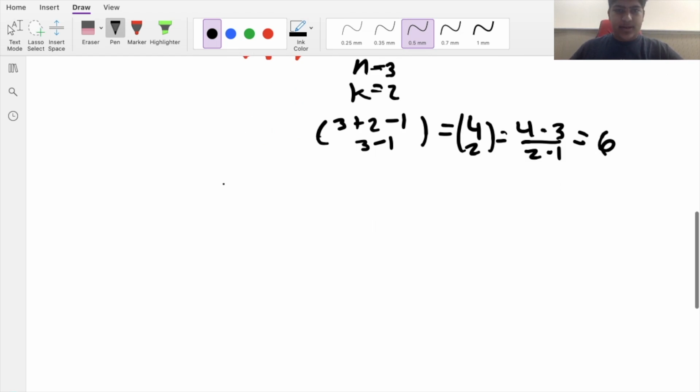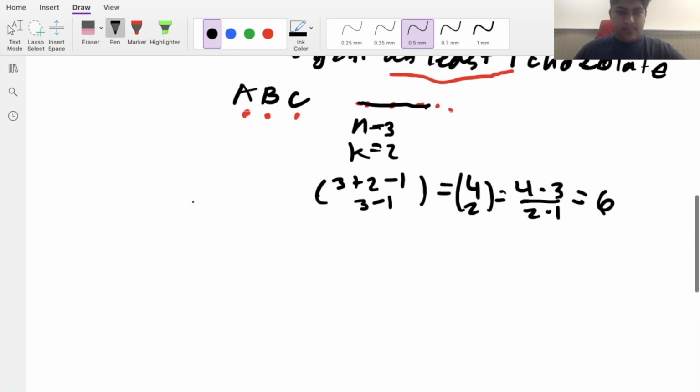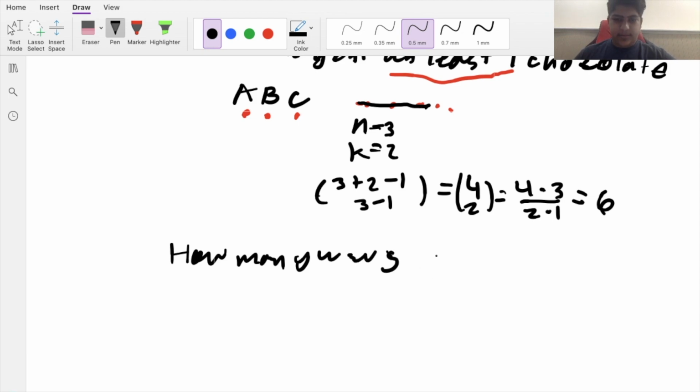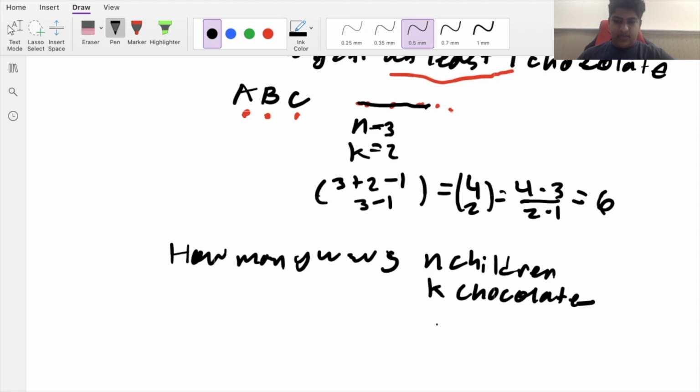So we have, how many ways such that, let's just say, n children get k chocolates among them, while each kid needs at least m chocolates.